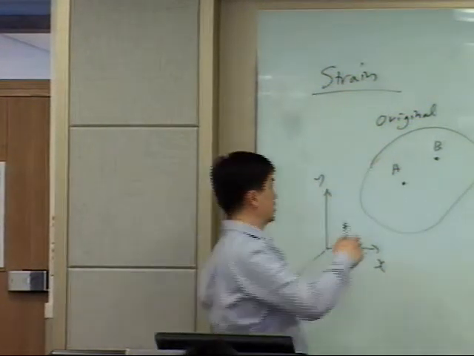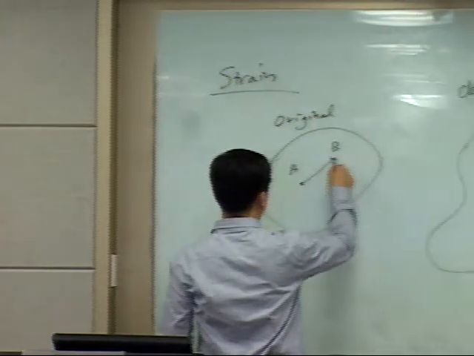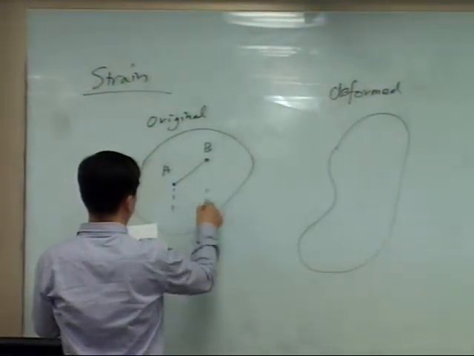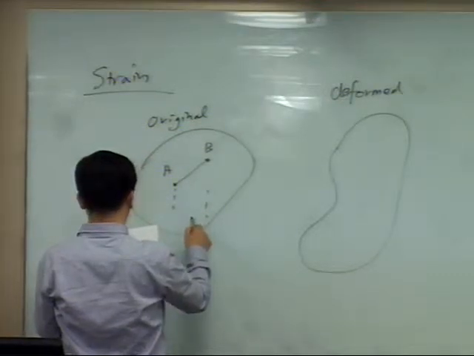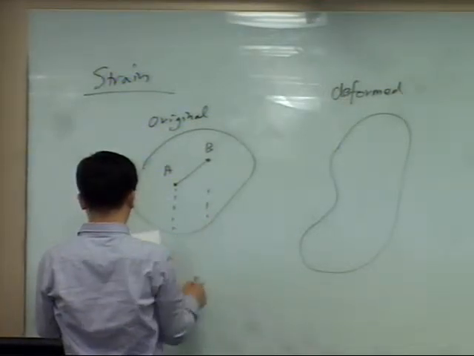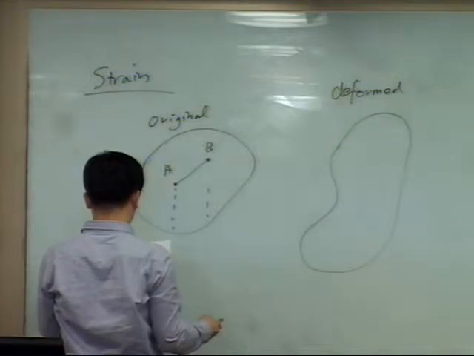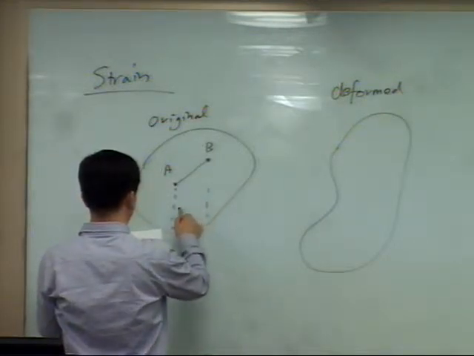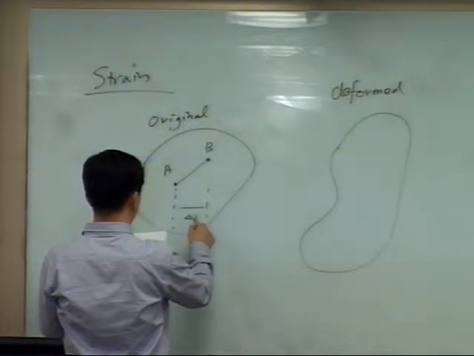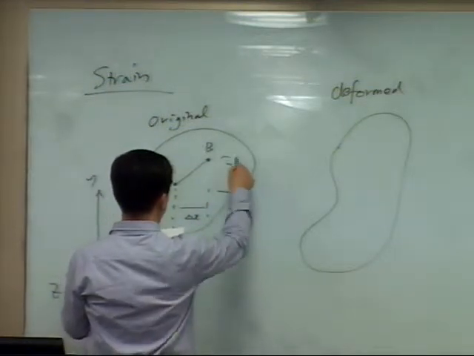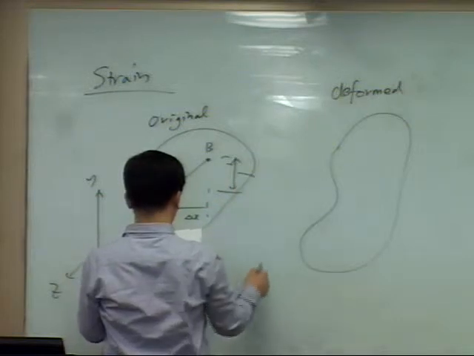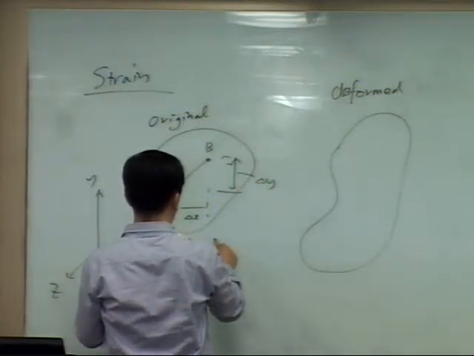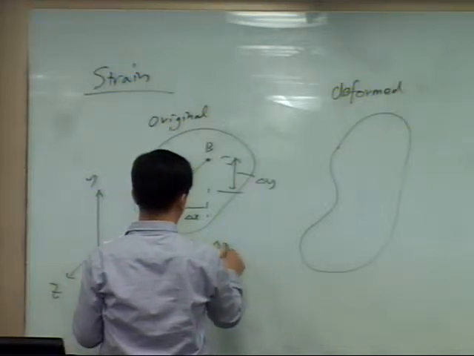In the x direction the distance is delta x, in the y direction its distance is delta y, and in the z direction we also have distance delta z.